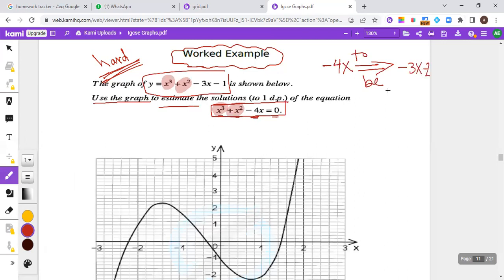How can I make negative 4x to be negative 3x? In another way, negative 4x plus what equals negative 3x? Who knows?